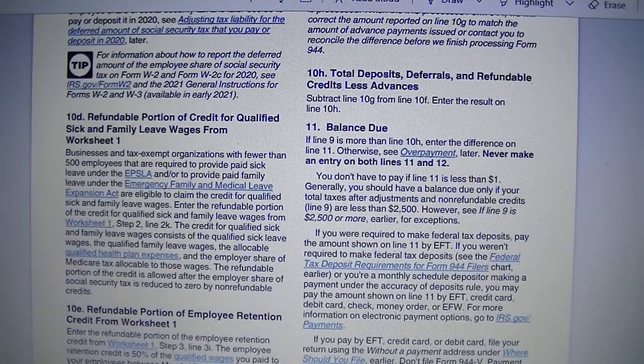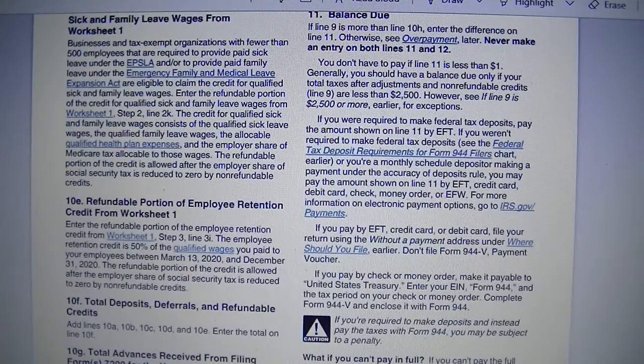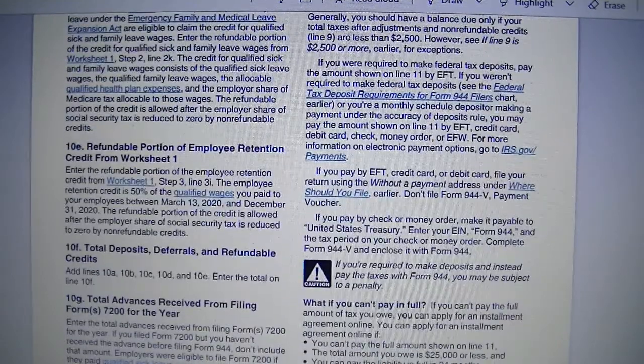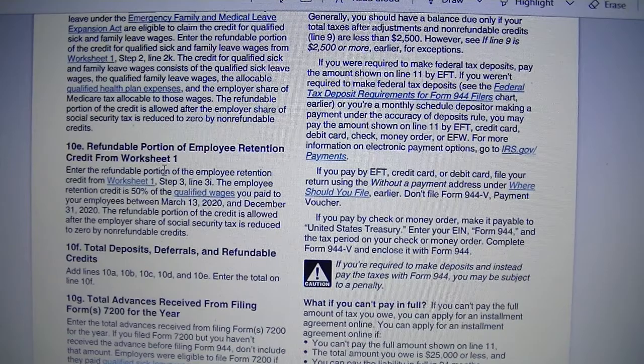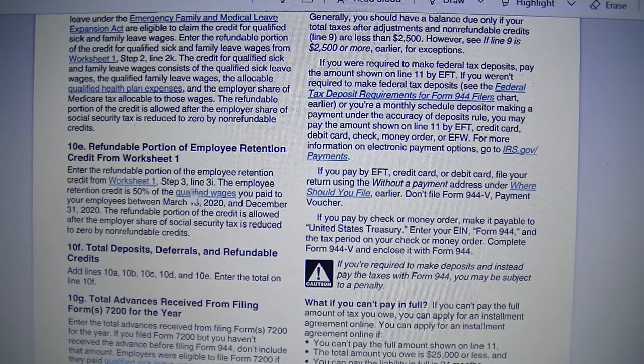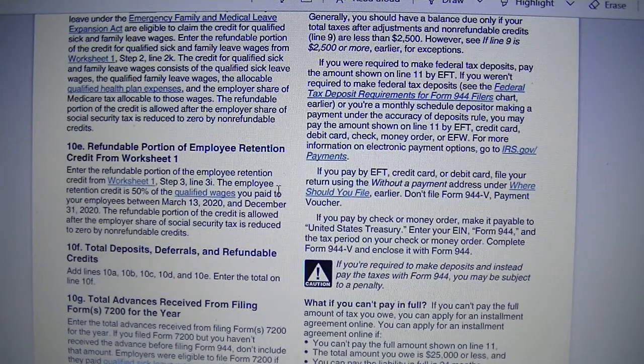So there is a refundable portion of the credit for qualified sick and family leave wages, and then there is refundable portion of employee retention credits. That's what I'm more interested in. So enter the refundable portion of the employee retention credit from worksheet 1 step 3 line 3I.